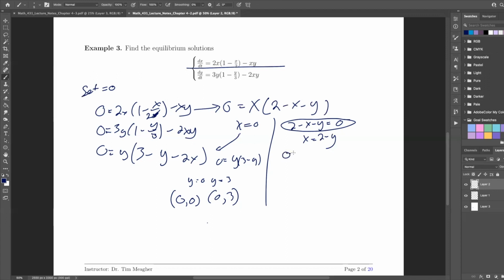And so here I have 0 equals y times 3 minus y minus 2 times 2 minus y, right? So everyone see what I did there? Any questions on how that went down? Okay. So I eliminated a variable and plugged it in here.